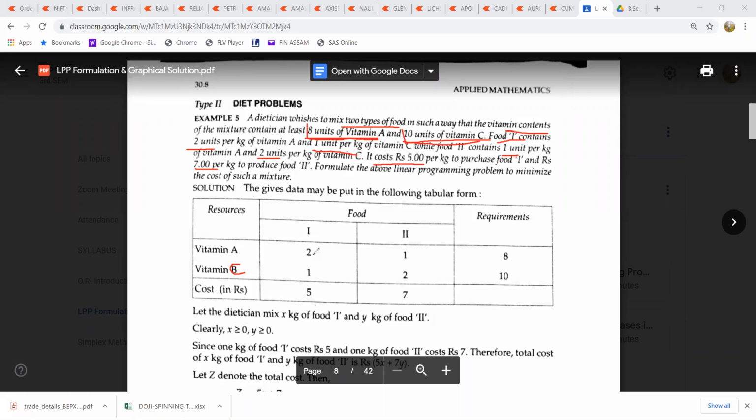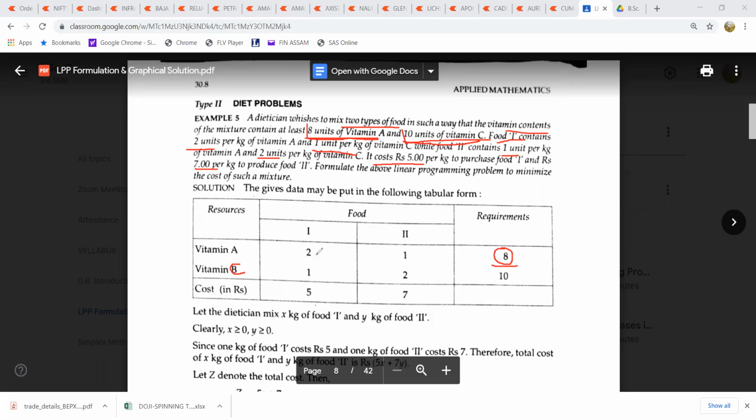Now the condition. After mixing the two foods, a minimum of 8 units of vitamin A is required. It may be more, but minimum 8 units.